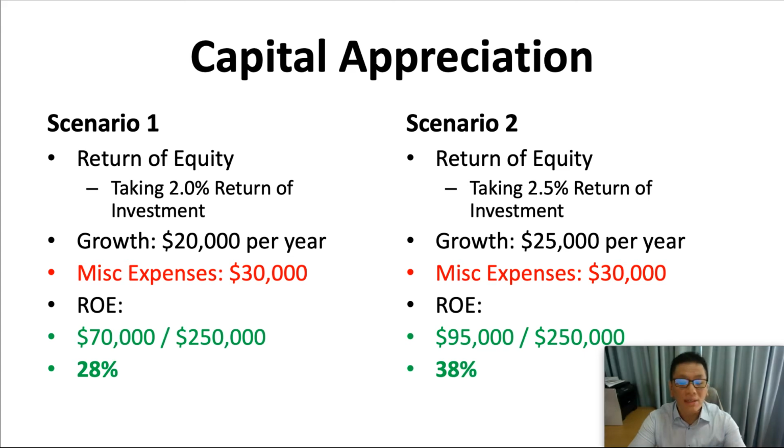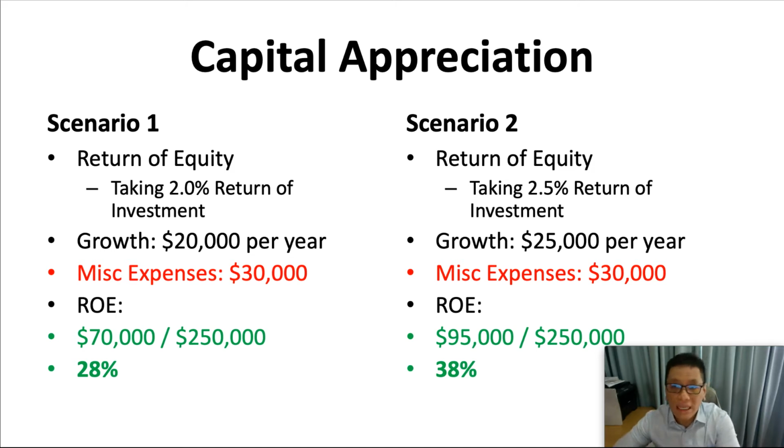That gives you 28%. I put 250,000, a quarter of it, because for this example he is taking a 75% loan. Not for my client, but as an example.